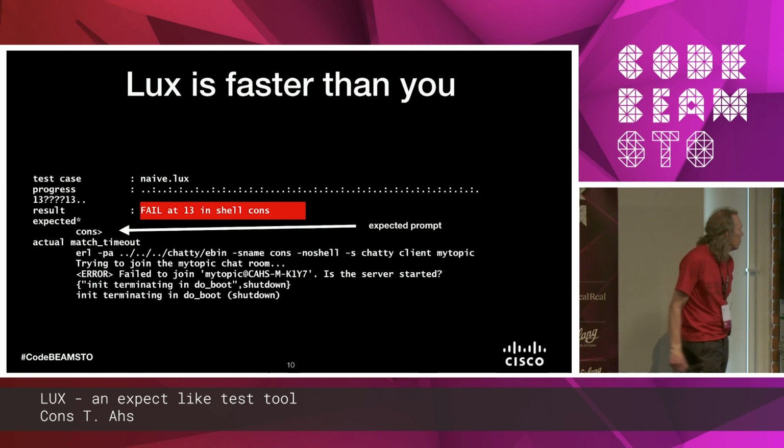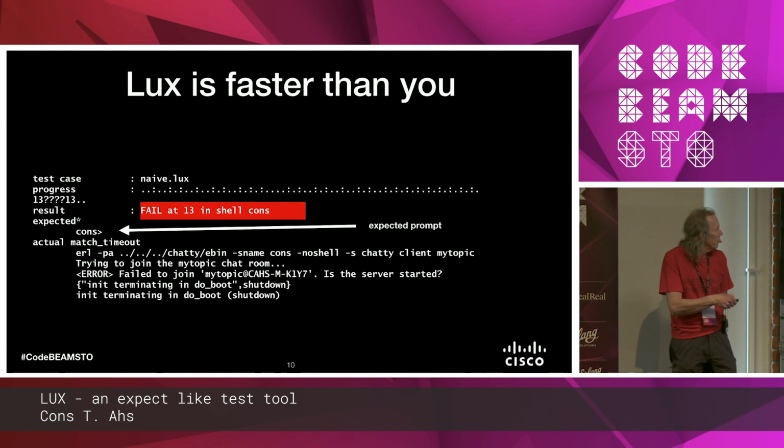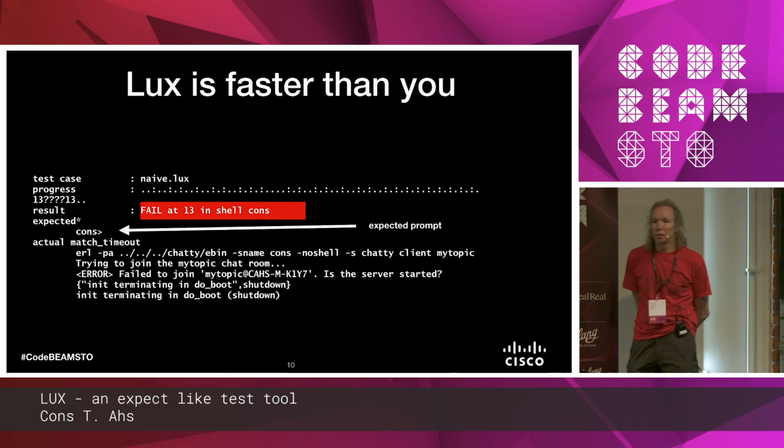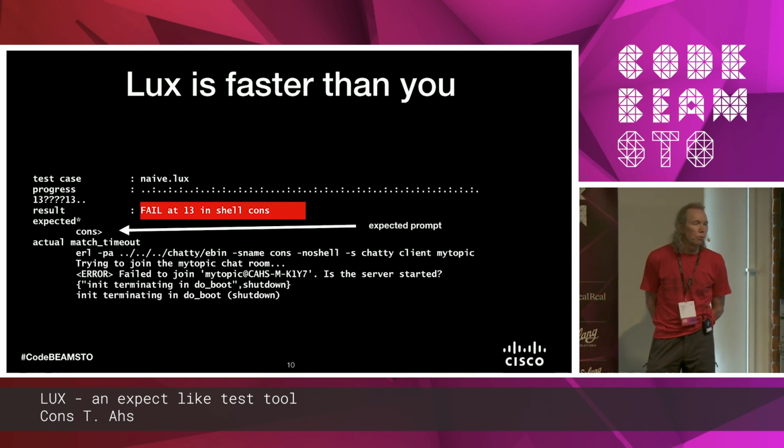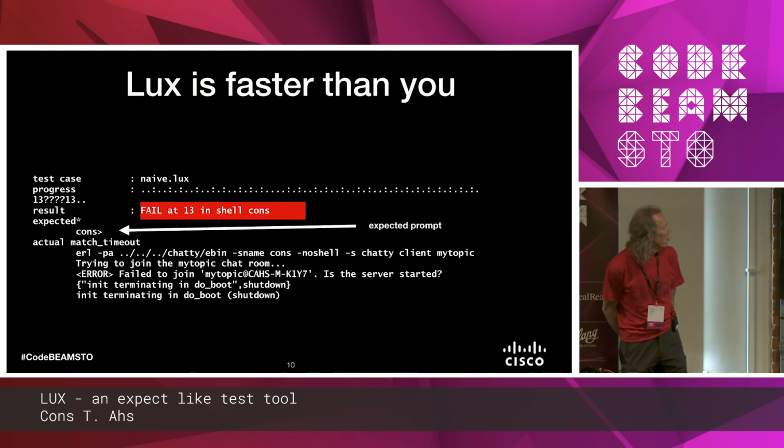The client is actually somewhat helpful here, asking, is the server really started? And of course, the problem is that when we do this manually, we're kind of slow. But when LUX does it, LUX isn't slow. But the server startup is slow. So the first client will attempt to connect to the server before it actually has been fully started, and the connection will fail.